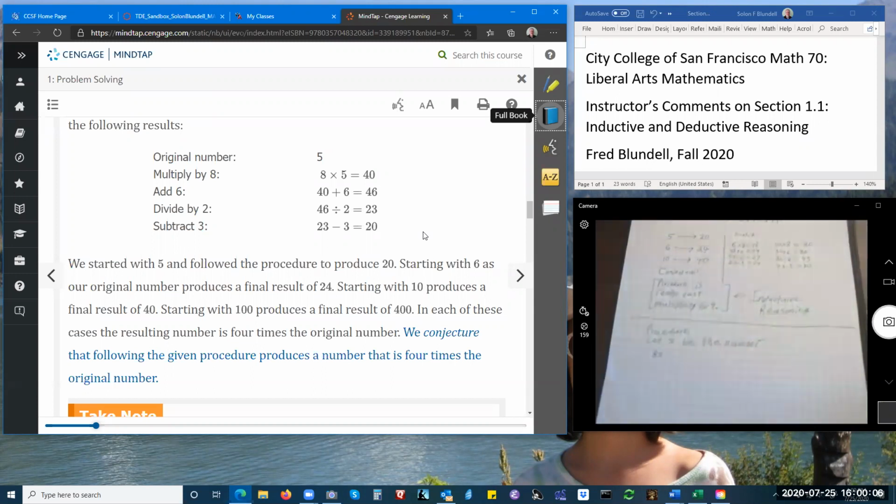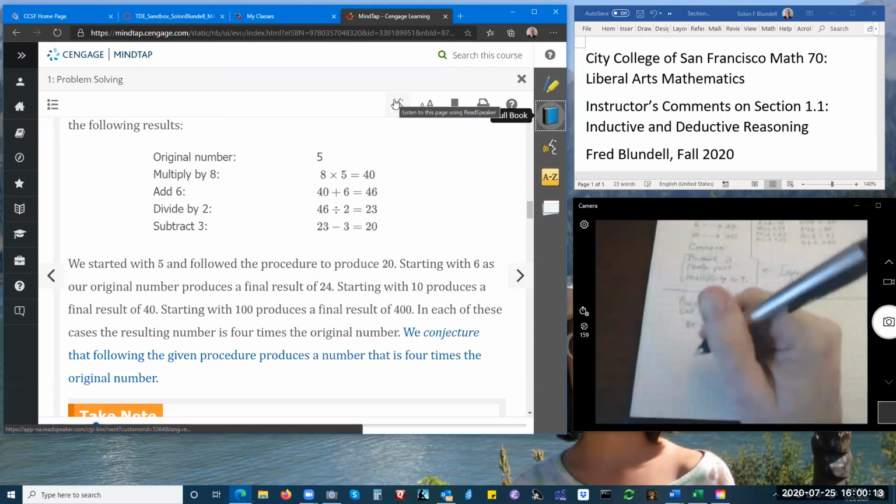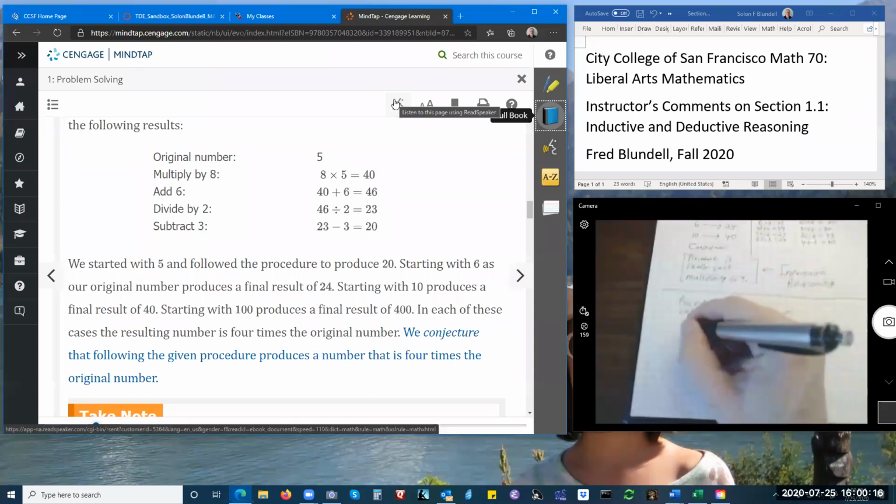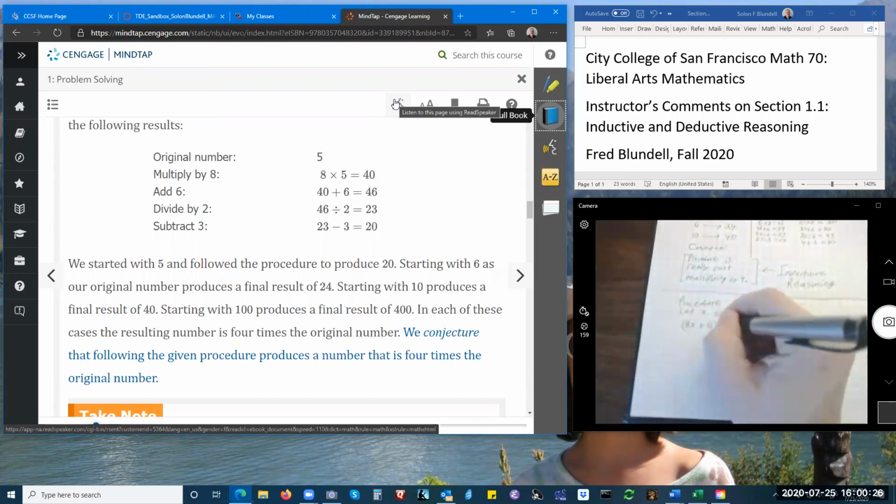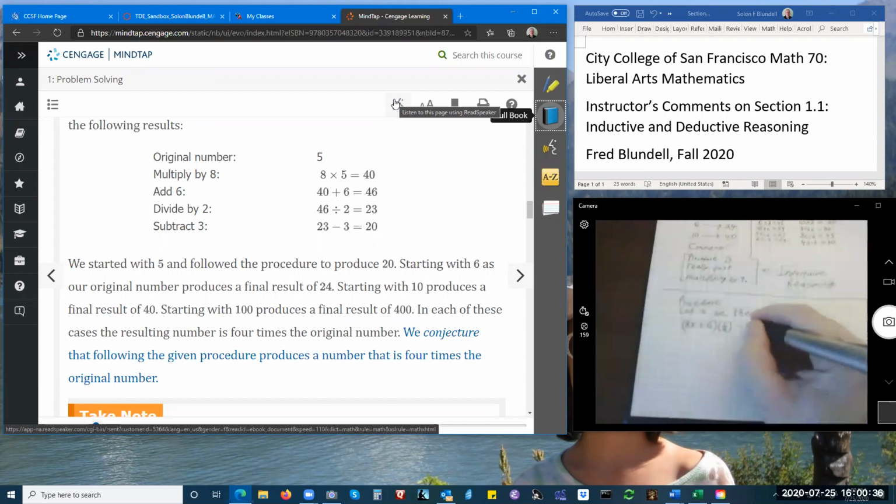And then I take that result, that 8 times x, and I add 6. And after I've added the 6, I take the whole thing and divide it by 2. Or that's, in other words, I multiply it times 1/2. Same thing as dividing it by 2. Okay, and then I subtract 3.